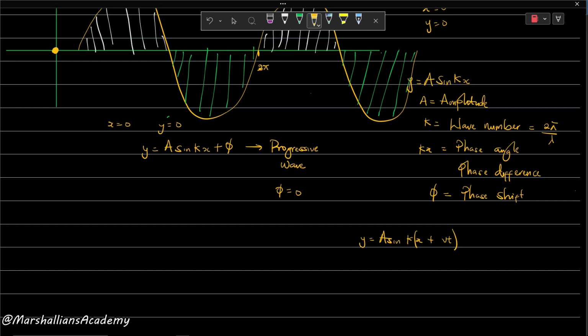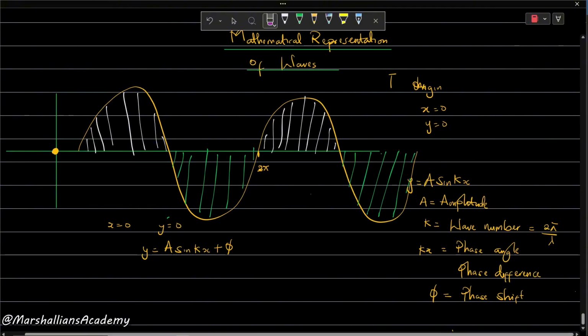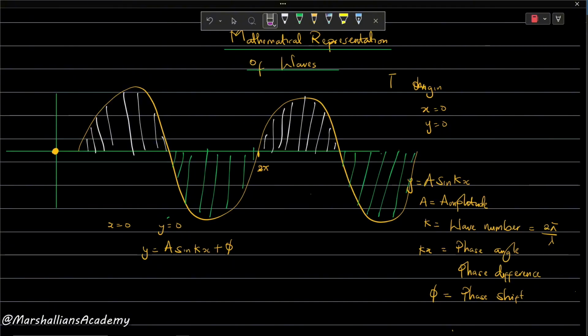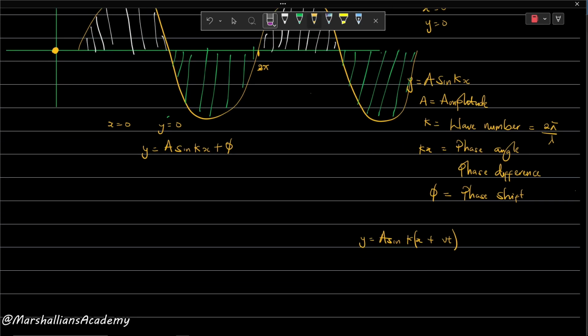But how did we get to this particular equation? Let's go. Like I said, for a progressive wave, if it has a phase shift like the one we have on the screen, you just have to add phi, which is telling you there's a phase shift on the wave. How do we account for the motion of this phase shift? Now, do something for me. When there was no phase shift, the equation of the wave was A sine kx.